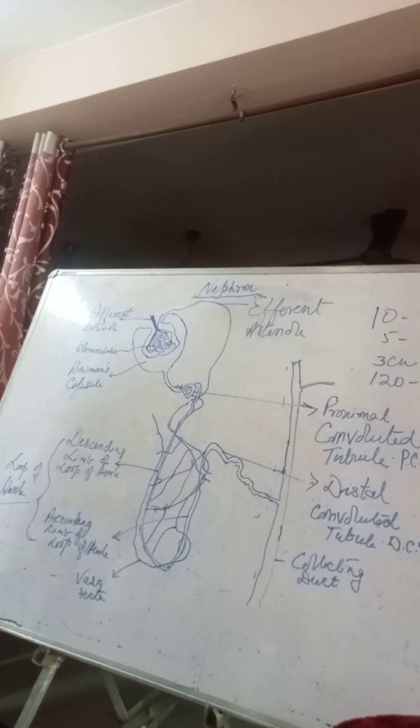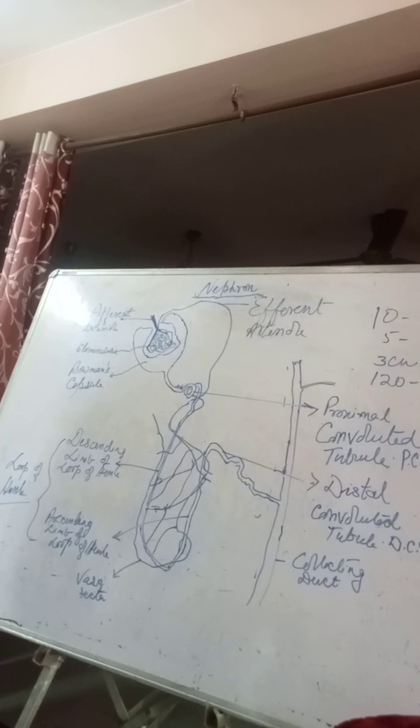Malpighian tubules are there in the insects or cockroach, and lastly, the green glands in crustaceans or prawns.